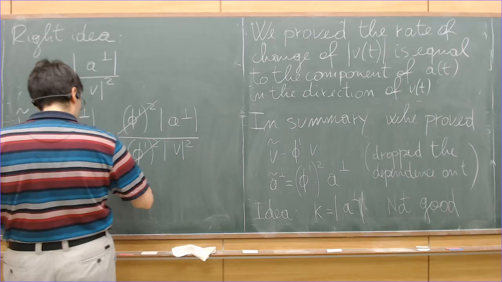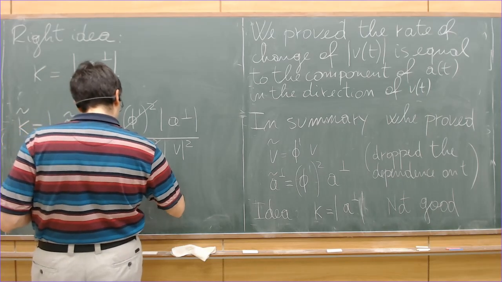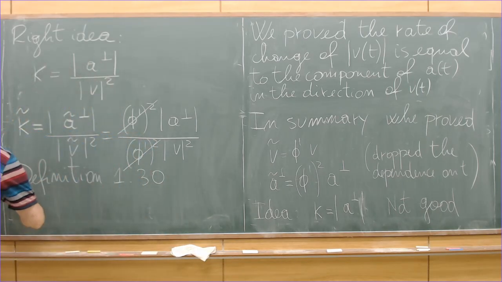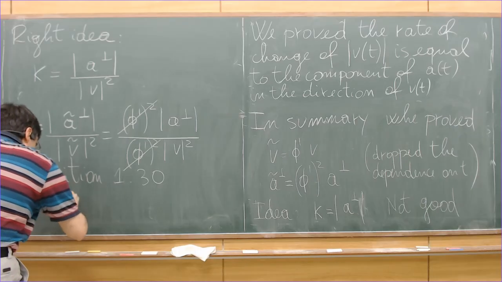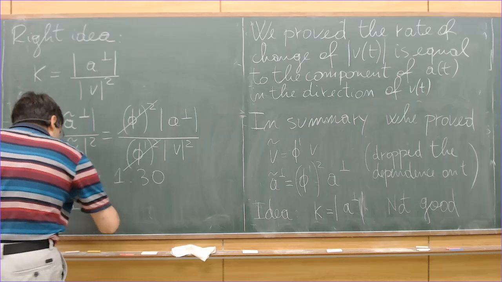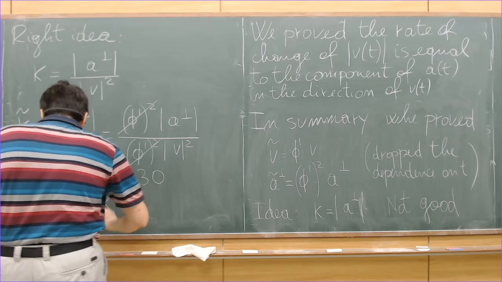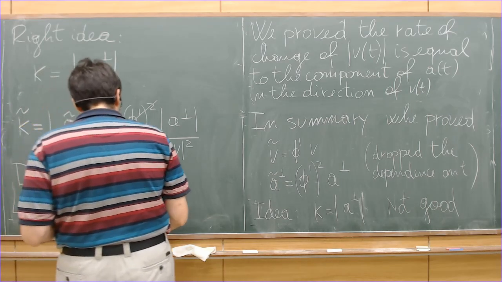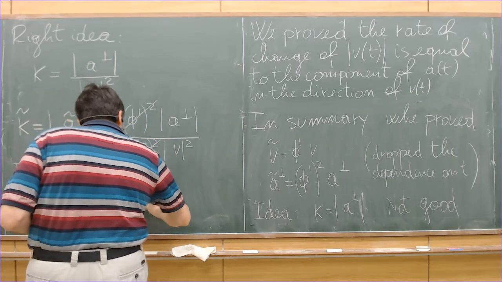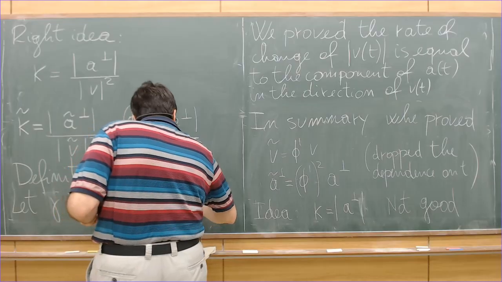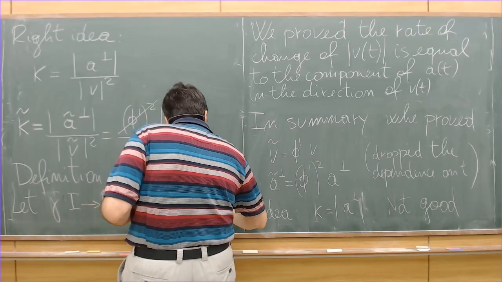Definition 1.30. Let gamma defined on I with values in R^n be a regular curve.